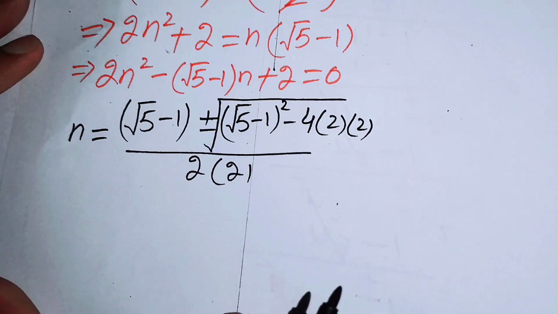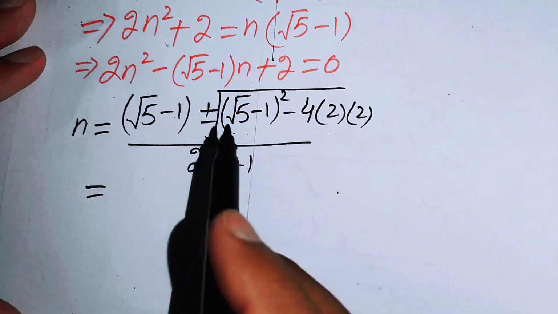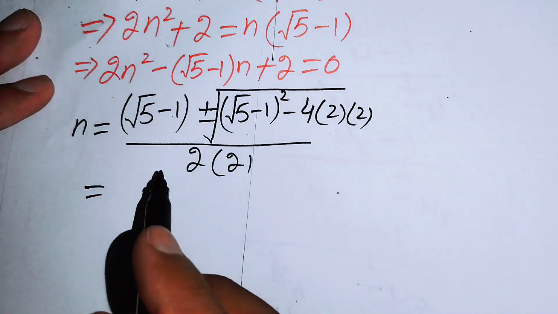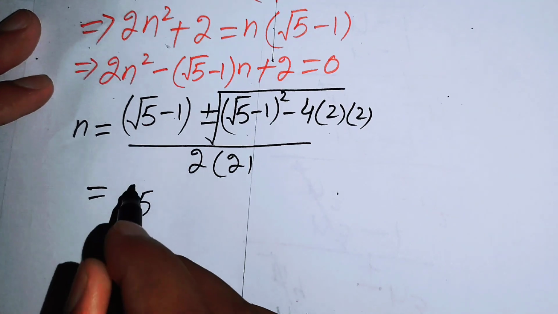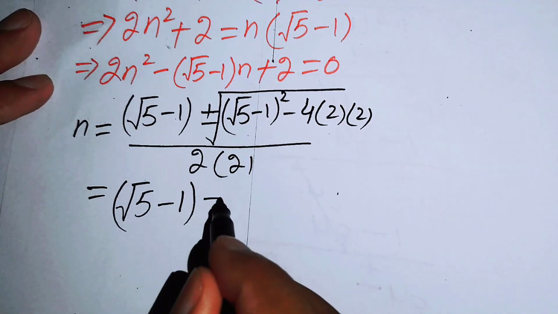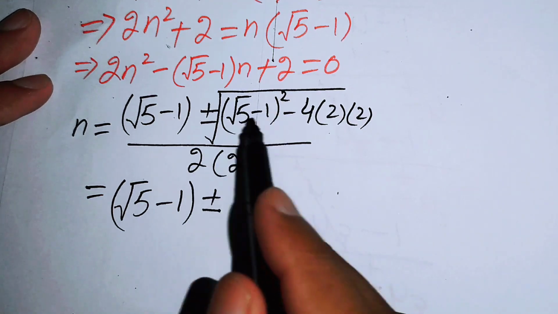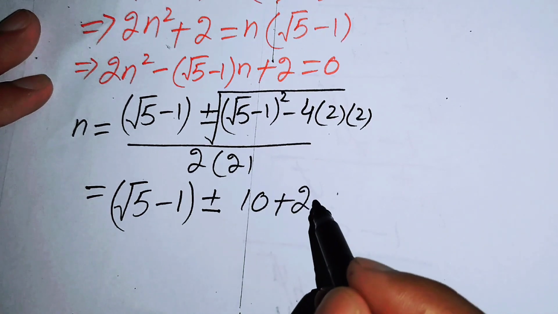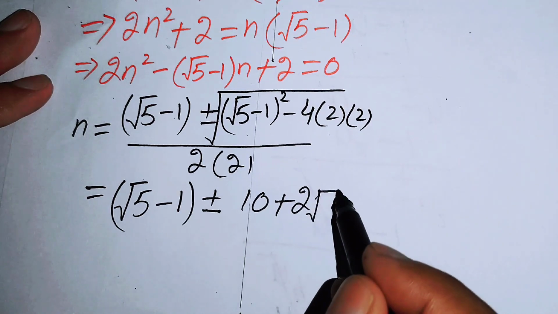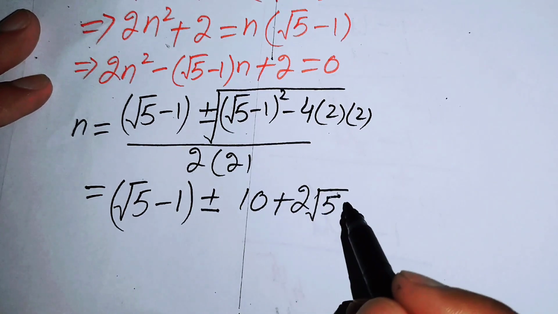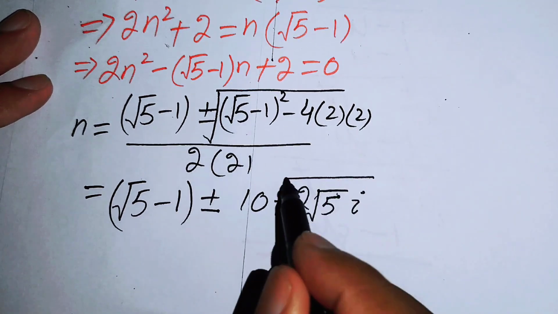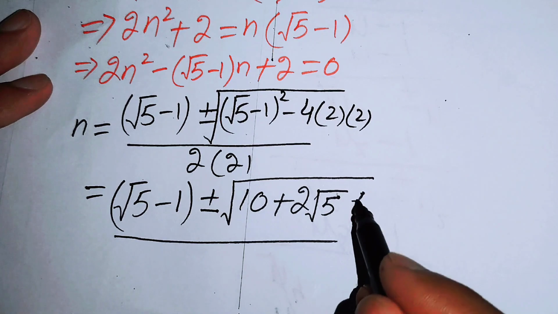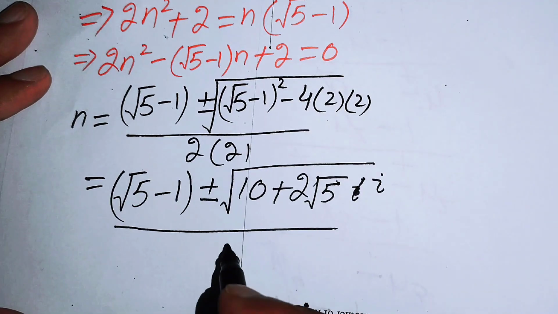And now we can simplify the terms, and you can just open this formula and add or subtract all the terms, and you finally get the value: square root of 5 minus 1 plus minus, after simplification of these terms, you get the square root of 10 plus 2 times square root of 5, into iota, and whole over 2 times 2, which is 4.